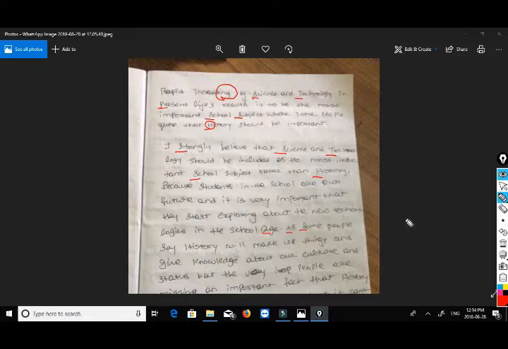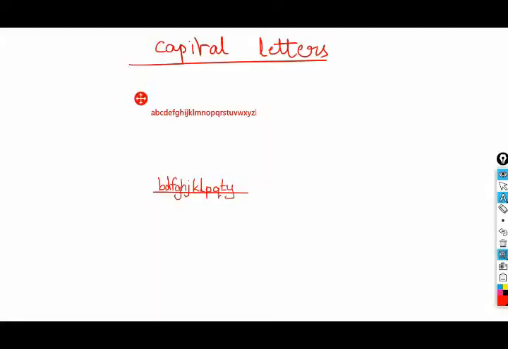Now, let us move ahead to understanding what is considered a capital letter and what is not considered a capital letter. So if you can see, I have typed all the letters from A to Z, and you can observe here that all these letters are written on the same line.